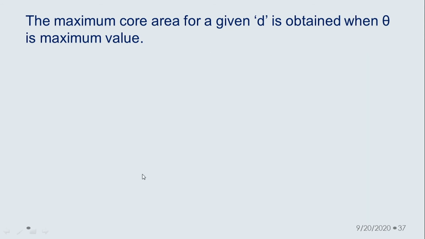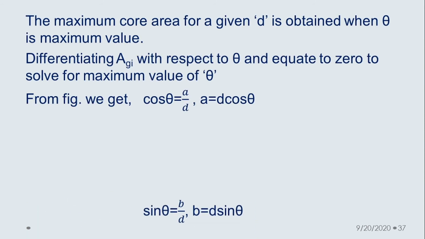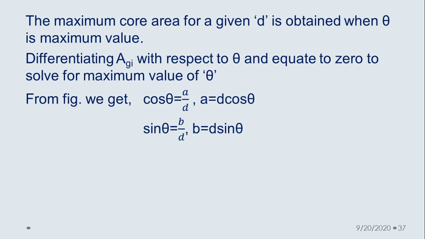Similarly, sin theta is opposite by hypotenuse, that is B divided by D. So we will be getting B is equal to D sin theta.